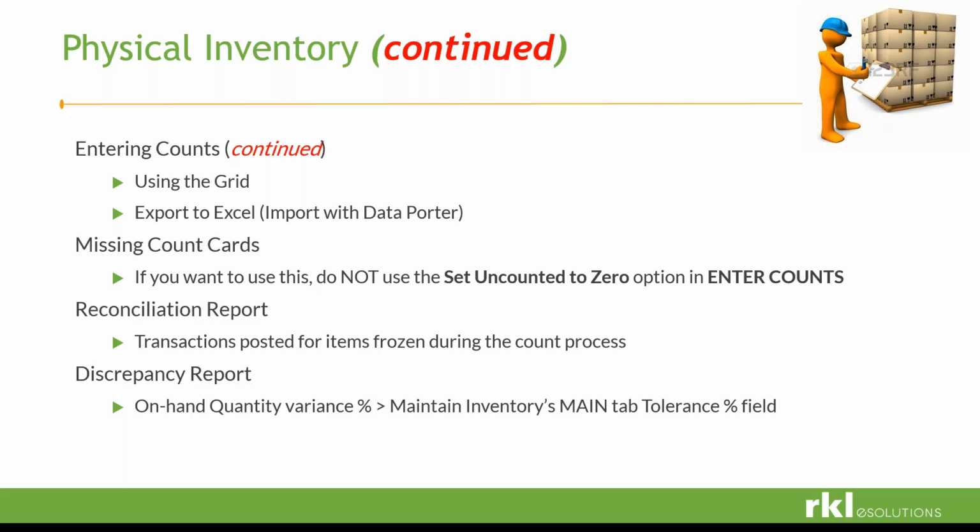If the entered count is more than 3% off of the frozen count, then this discrepancy report will highlight that item to let you know the items that fall outside of the parameters that you've defined as an acceptable margin of error.